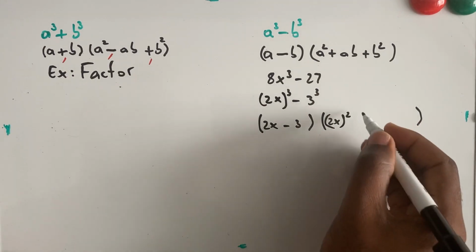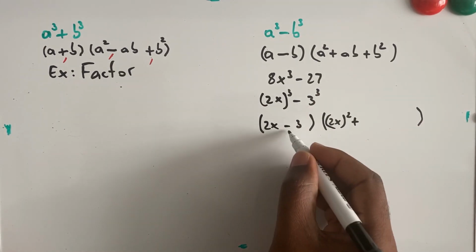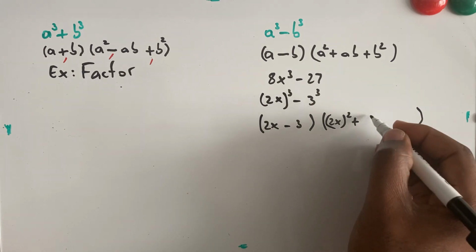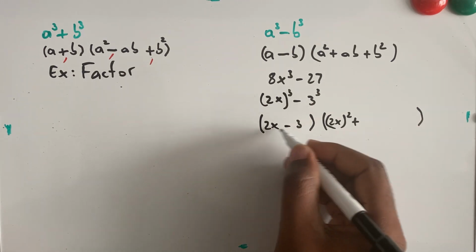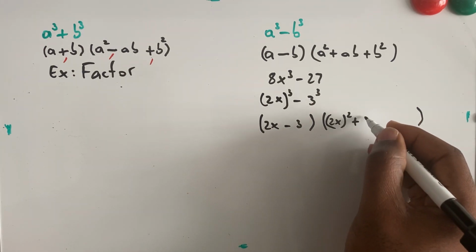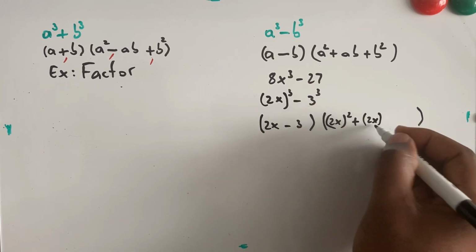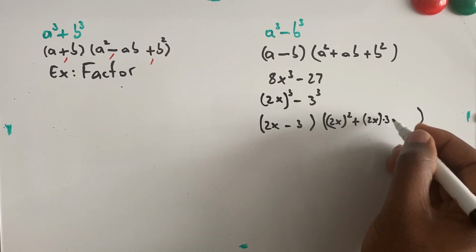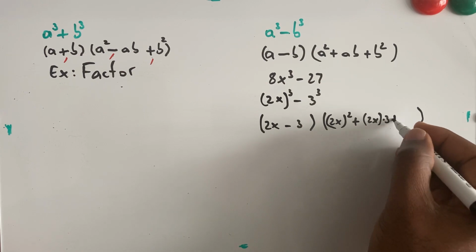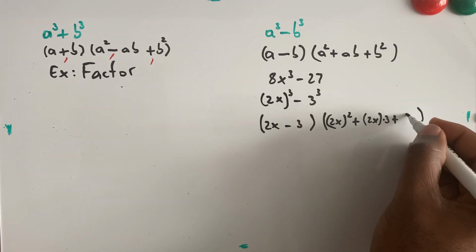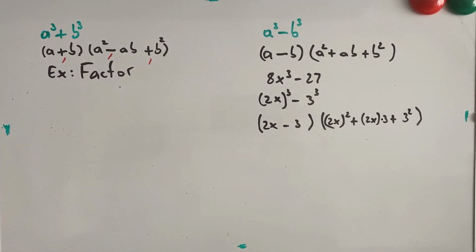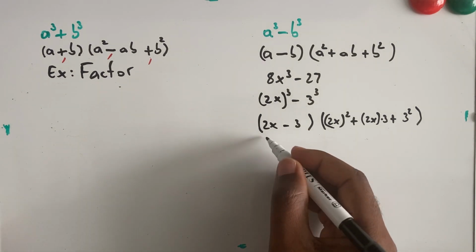Plus, this sign must be the opposite of this. Plus the first times the second, 2x times 3. Then plus, always positive, 3 squared.